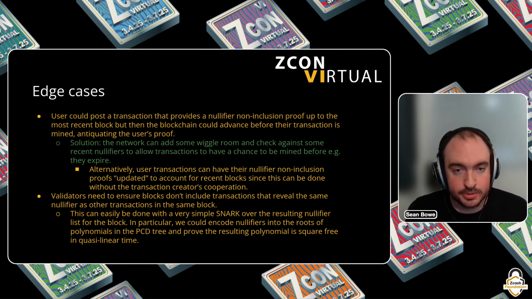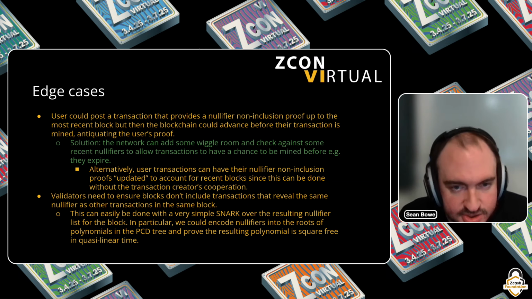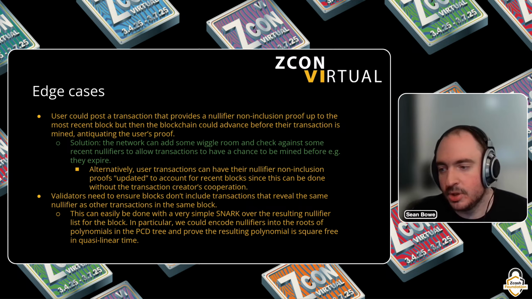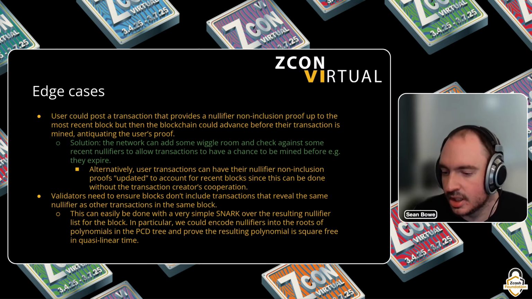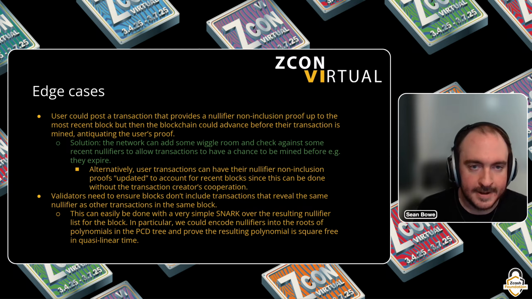And then of course you can prove long term that the validators are enforcing this using some pretty simple tricks. I'm not going to go into details about what they are, but it's pretty easy to efficiently show that within the block that you're validating for, there are no duplicate nullifiers, and then you can use similar tricks to show that that hasn't happened for the last 10 blocks or so.